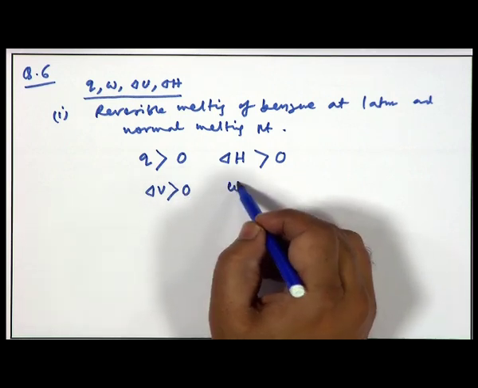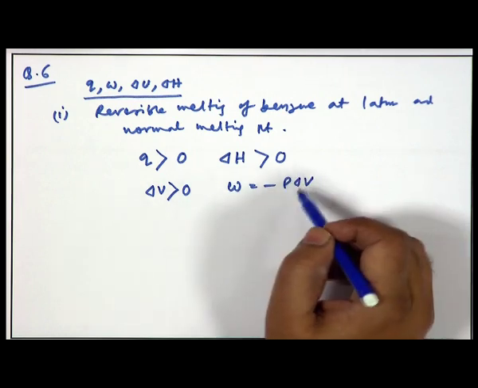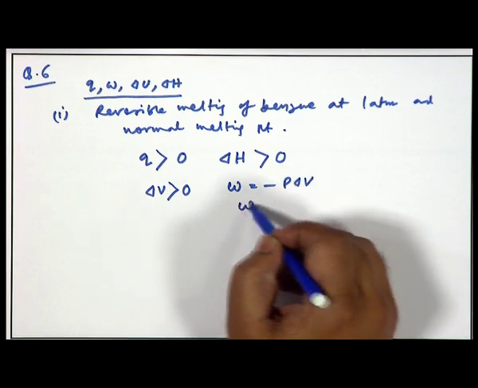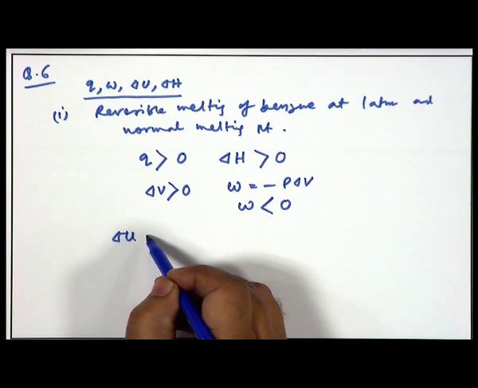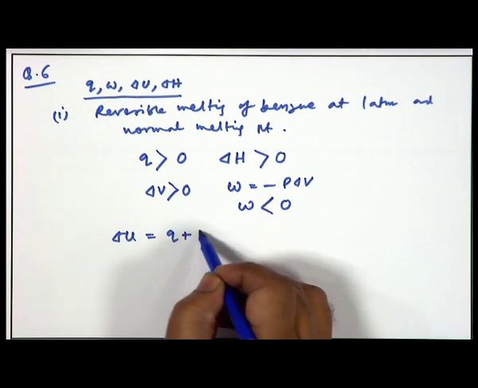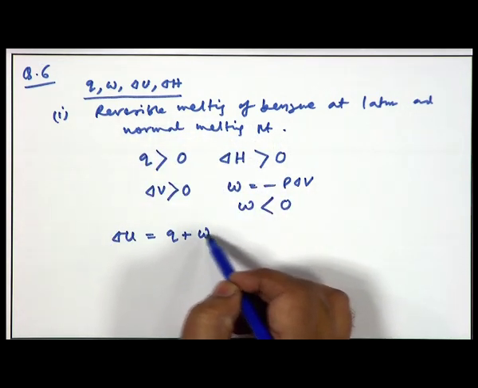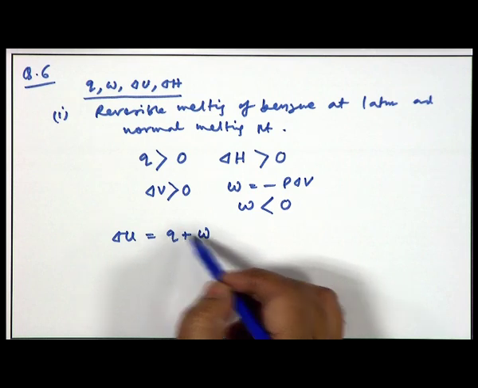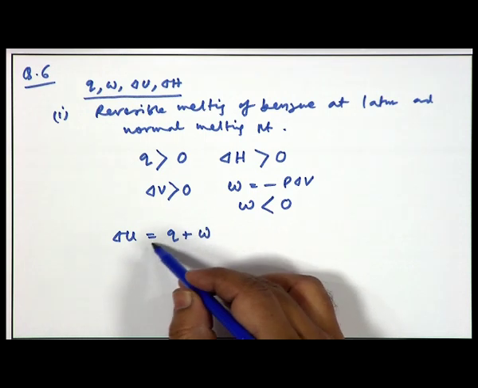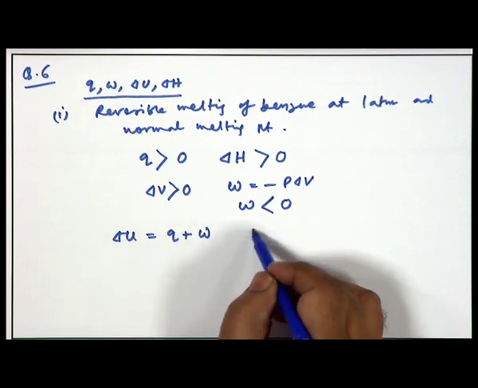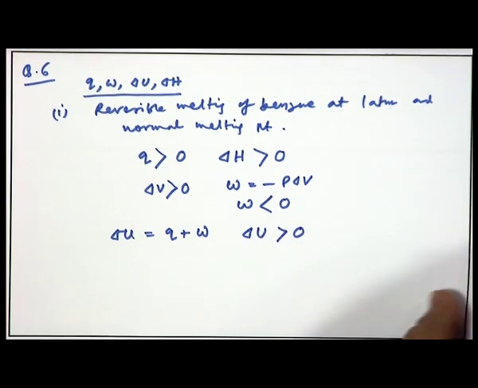So, w would be minus p del V, which is negative in this case, and del U is q plus w. Now, as I said, this is a solid, so w is negligibly small compared to q. So, you can ignore w in this case. Since q is positive, del U should be positive.